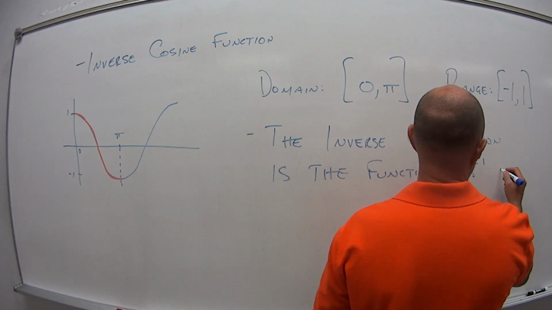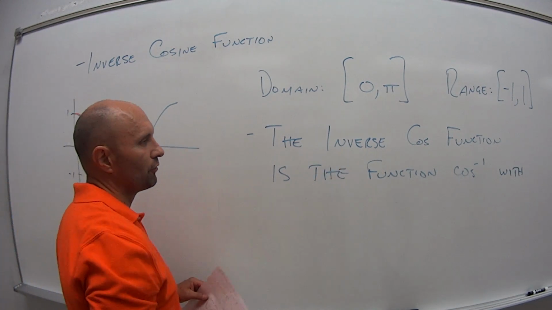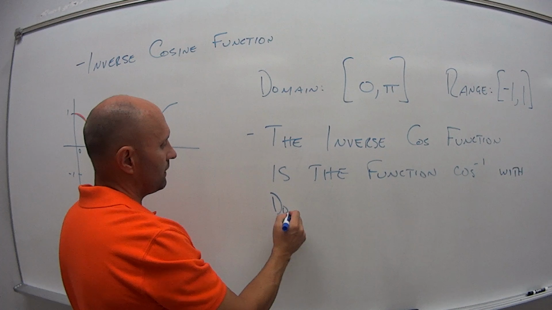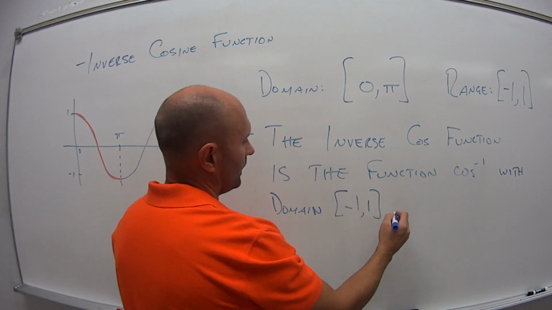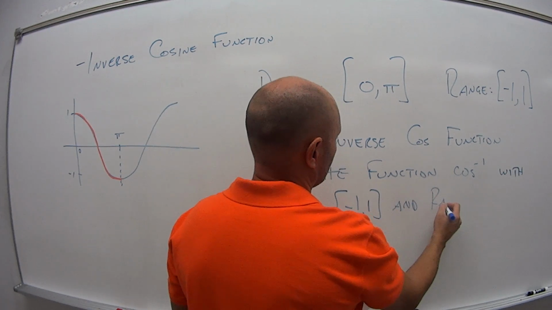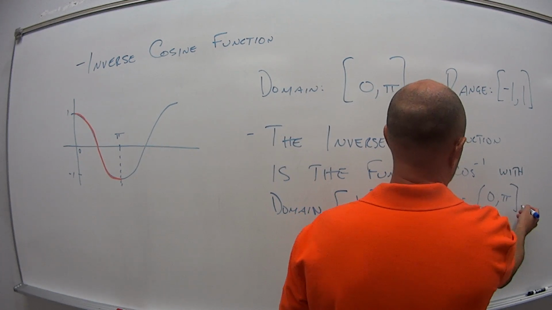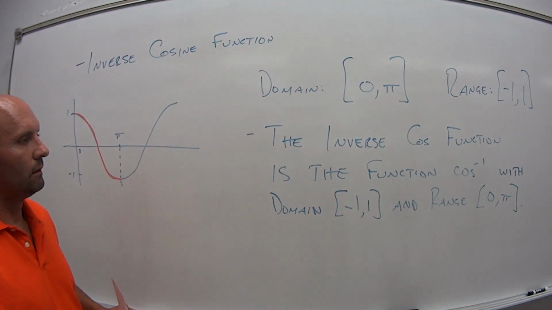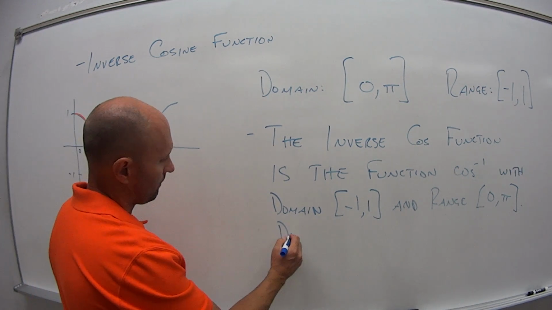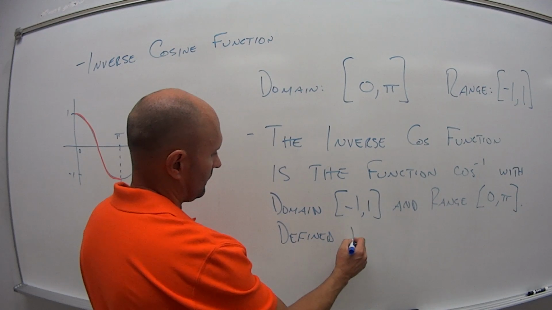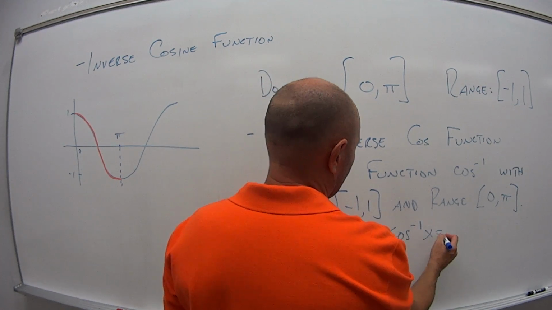So inverse cosine function, and remember, when we're talking about the inverses, the domain and range changes. So the inverse cosine function has domain negative 1 to 1, and range 0 to pi. And this is defined by: we say that the cosine inverse of x equals y.